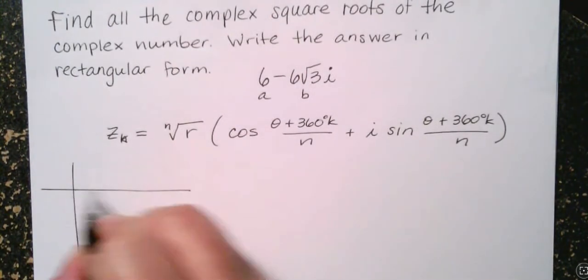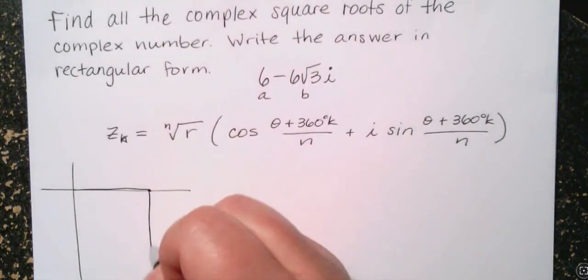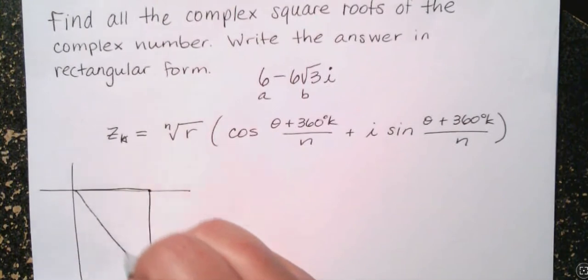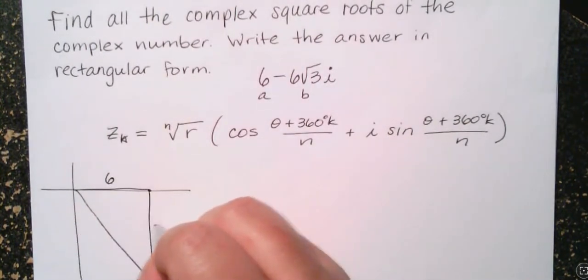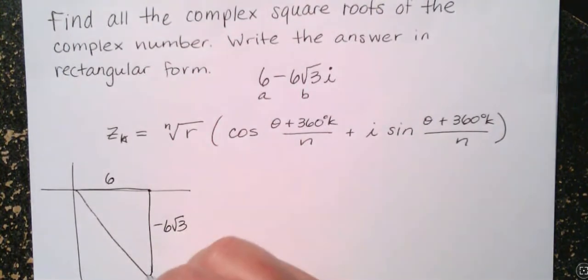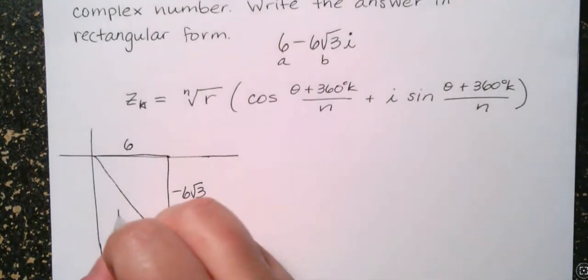I'm going to choose graphing it for a couple of reasons. One is that we need to know what quadrant it's in, so that when we try to find the angle, we can find the correct angle. The other reason is I want to remind you of how those formulas work. So this is r.